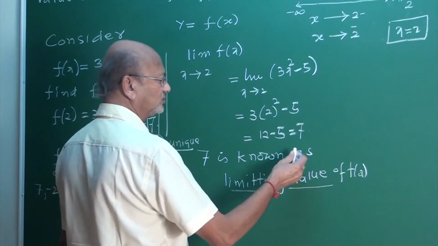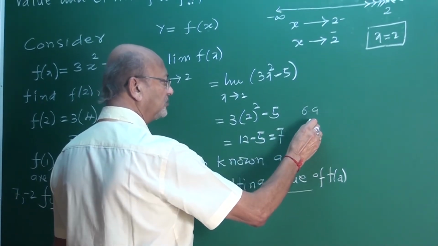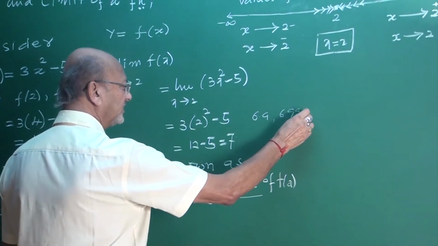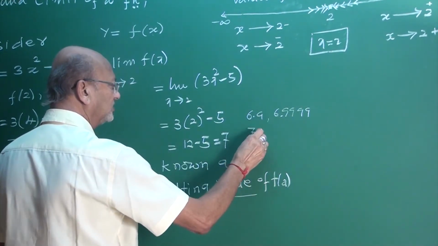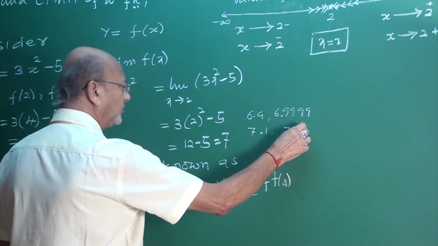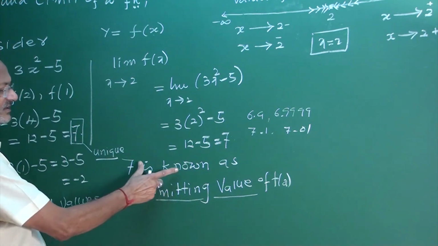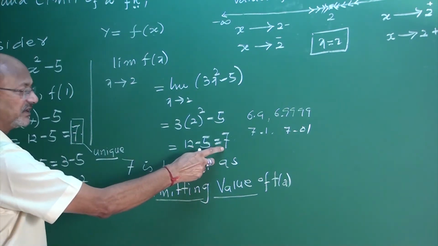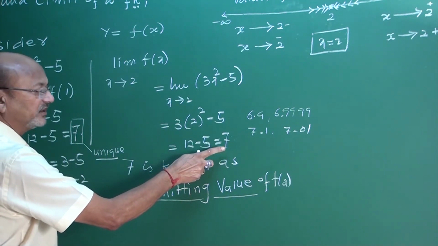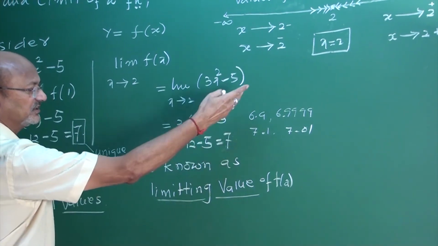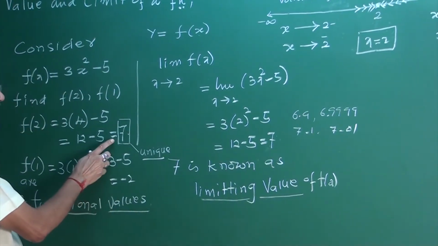This 7 is not exact 7; it is 6.9, 6.99, like this, many values, or 7.1 or 7.01 or 7.0001. Even though it is 7, it is not exactly 7. It is a value very near to 7. There are so many values. This is a limiting value. This is the functional value.